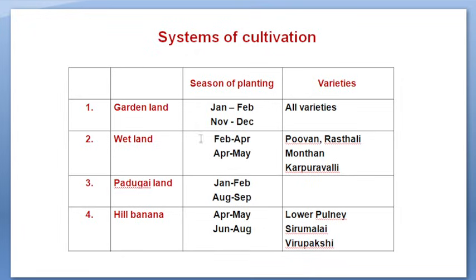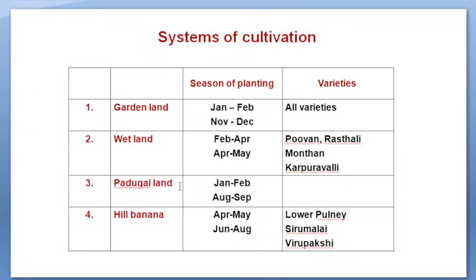In banana there are different systems of cultivation. We can cultivate in garden land or normal area. We can start with the rainy season, or throughout the year we can select any season. All the varieties are suitable. Suppose it is wetland, where we have a very good water source, we can go for these varieties.